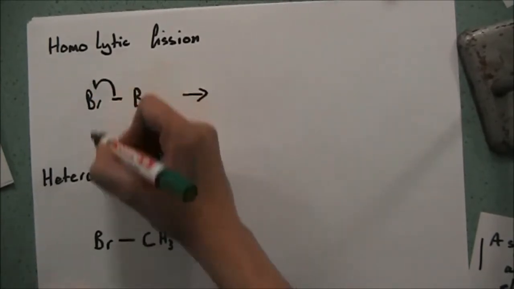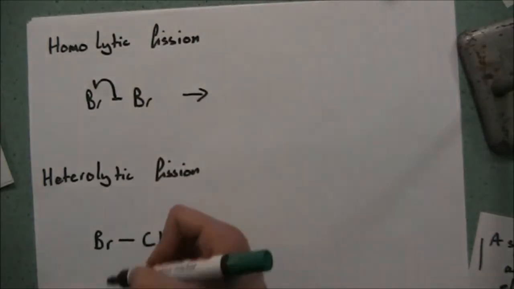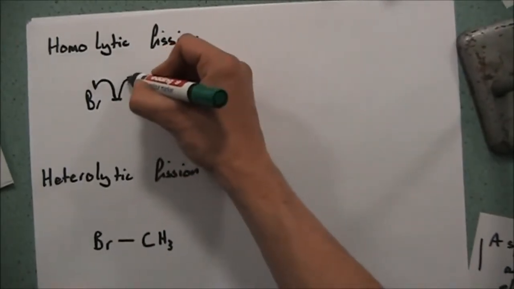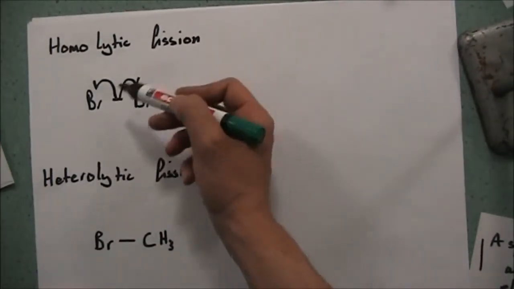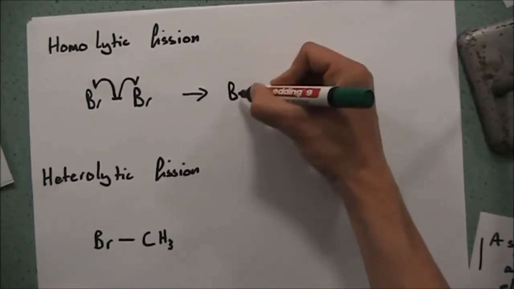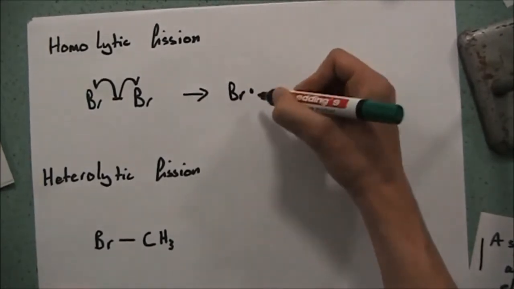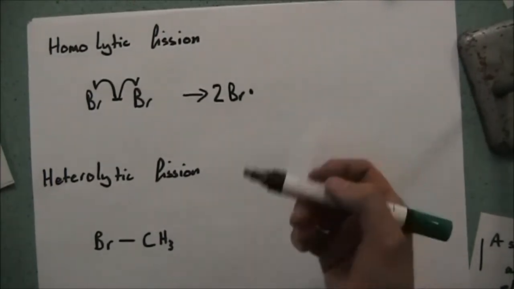I'm going to represent that with a 1-headed arrow like that from the bond, and then the other one went the other way. Again, a 1-headed arrow to represent 1 electron coming from the bond, and there we would end up with 2 radicals, and that's called homolytic fission.